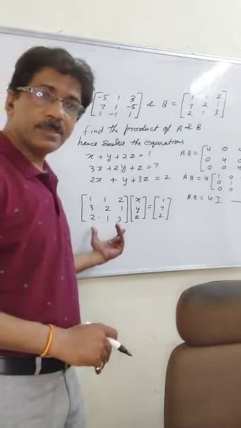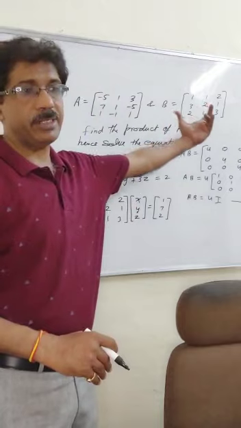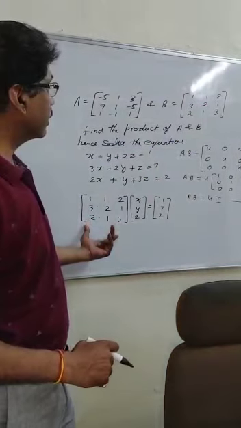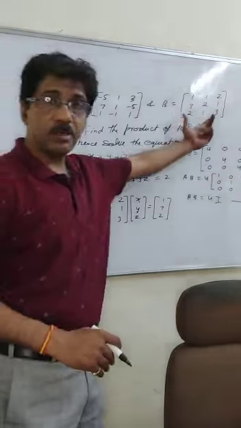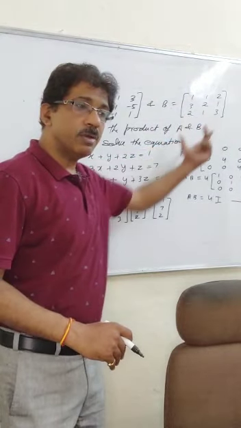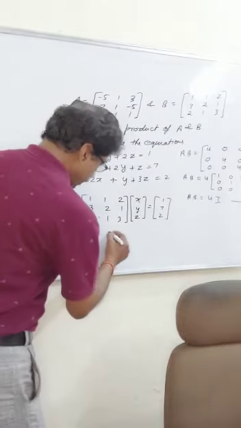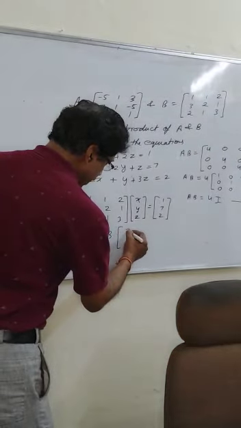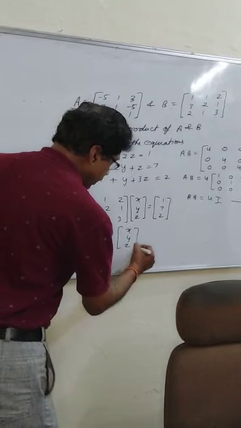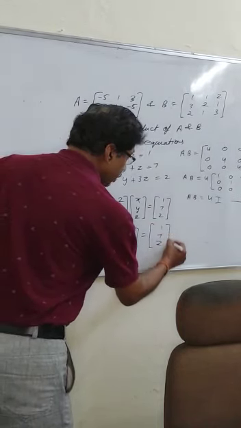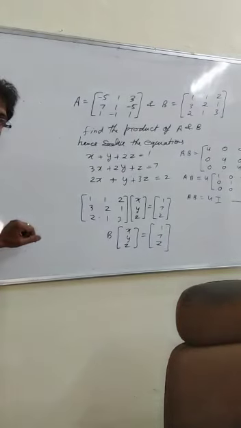Now we compare this matrix with the given matrices. And if you see, this matrix is the same as matrix B. So we replace this matrix by B. So it is B times x, y, z is equal to 1, 7, 2.